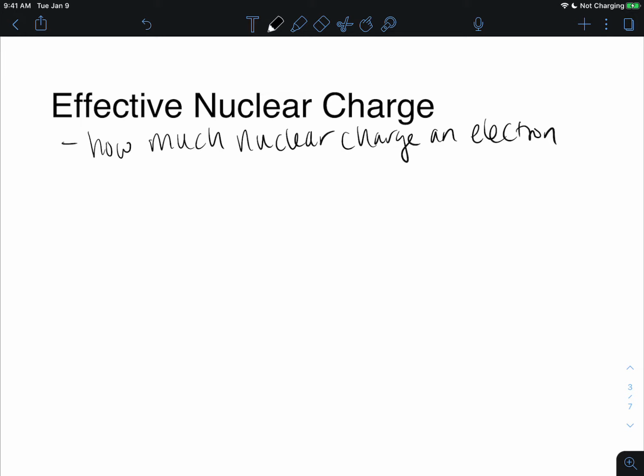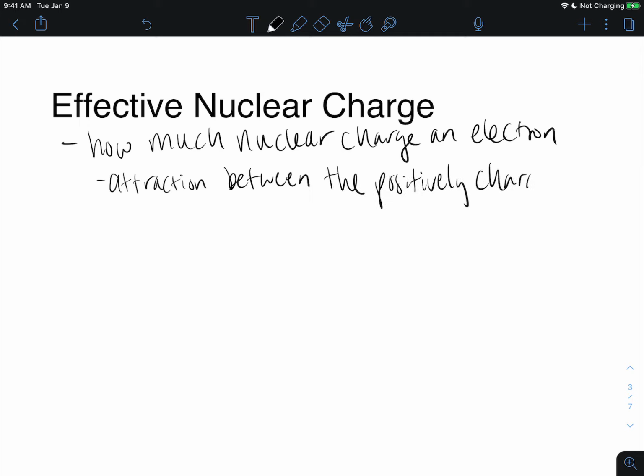The protons are going to have a positive charge, and that's what's going to be pulling electrons in. That's that attractive force that we'll feel. So this is an attraction between the positively charged nucleus and the surrounding electrons.